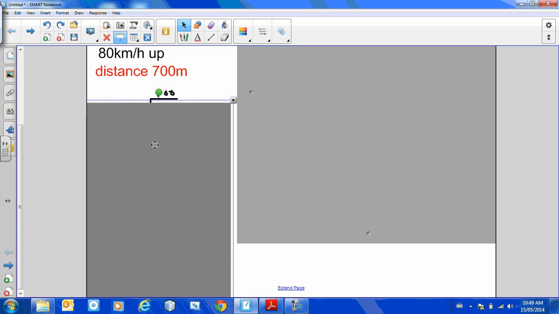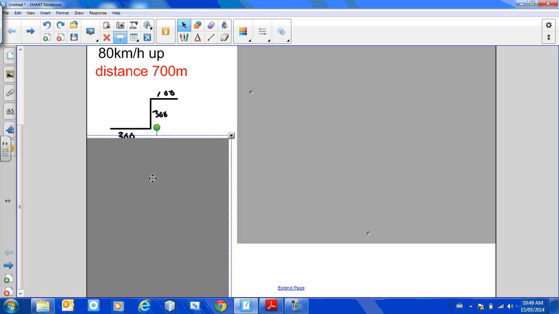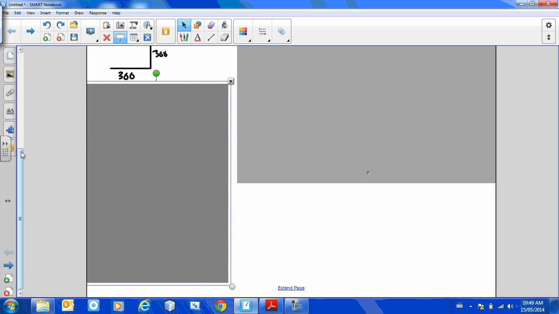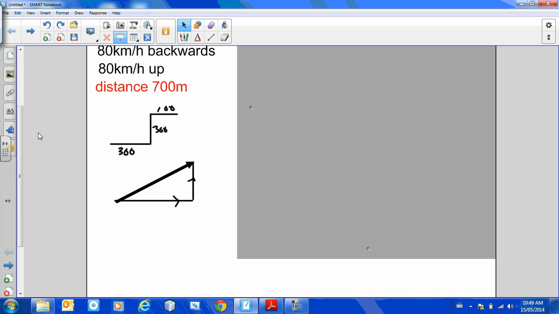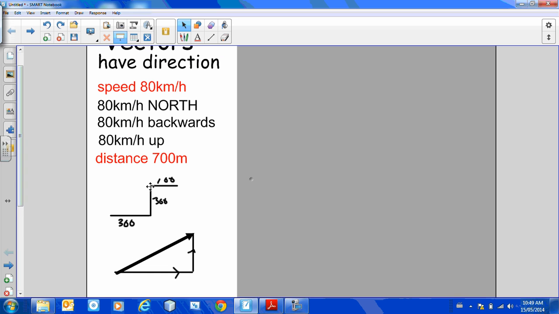Distance 700 meters, but that doesn't tell me a whole lot. If this were a path that I followed, I've gone 300 meters towards the east, then 300 meters north, then 100 meters east again. Essentially, I have three different displacements, a total distance of 700, and an overall displacement of 300 and 400.